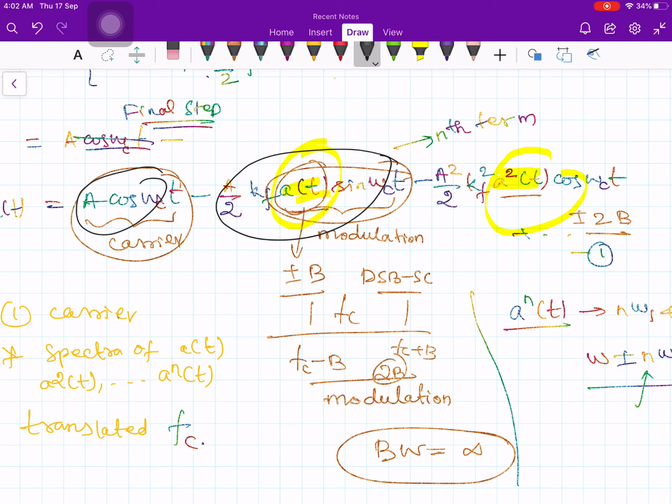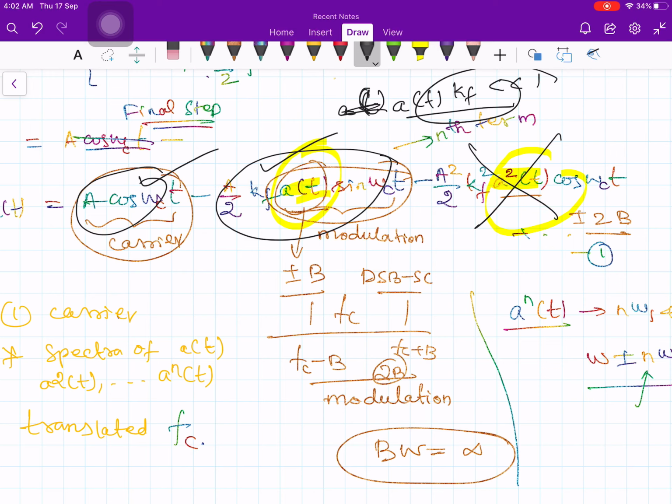When will you get these two terms? When a of t times kf is much less than 1, then I can make the assumption that these first two terms have significant contribution compared to the rest of the terms. The higher terms may not have significant contribution under this condition. So in that case you need to consider only the first two terms.